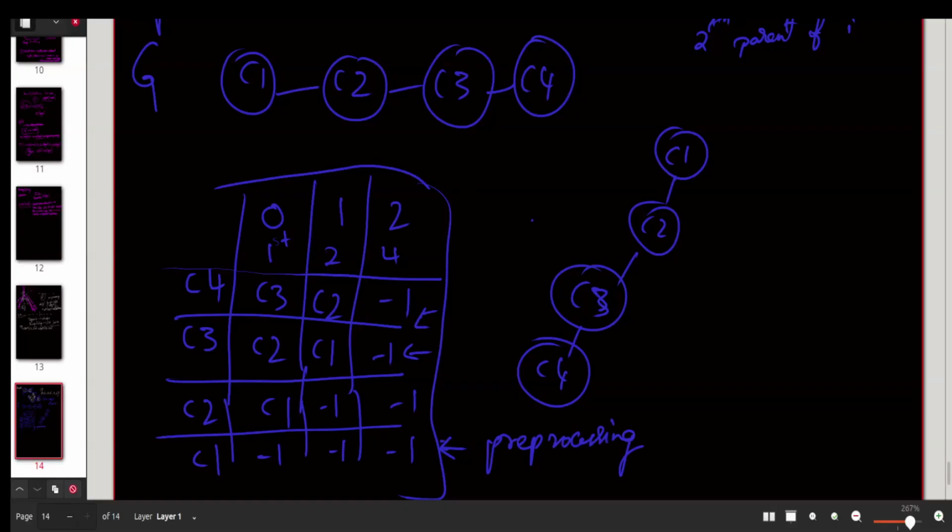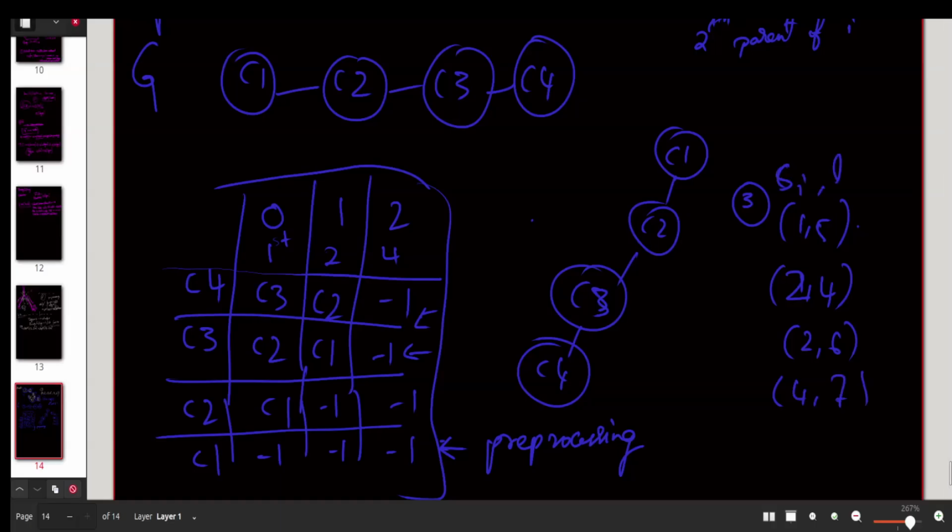Now, let's go through the third step, which is addressing the queries. If you look at the test cases, the locations of the merchants are like 1, 5, 2, 6, 4, 7. These are our SI and LI.